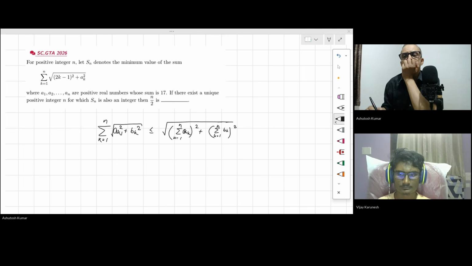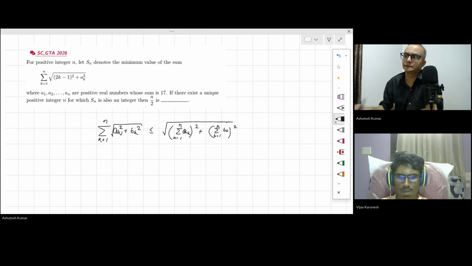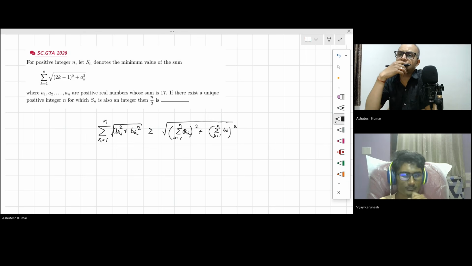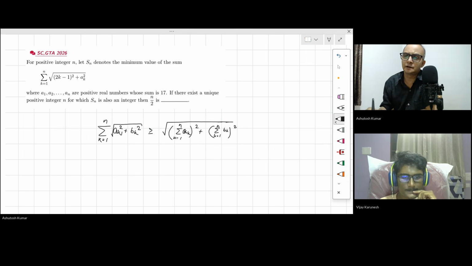If I take any number, like suppose I'm taking 1, 2, 2. So I think, okay, the right hand side should be greater. Suppose I'm taking, let's say k is equal to, this series is like an AP, any series you can take.